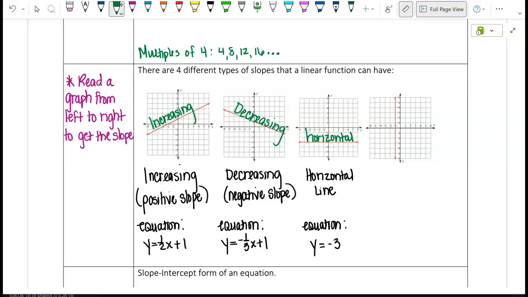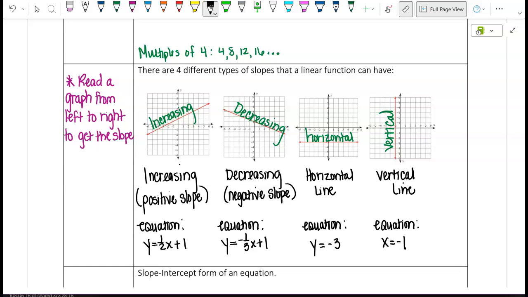And then the last one is vertical. And again, the slopes of these last two we'll talk about a little bit later in the unit. But the equation for this line is x equals negative 1.